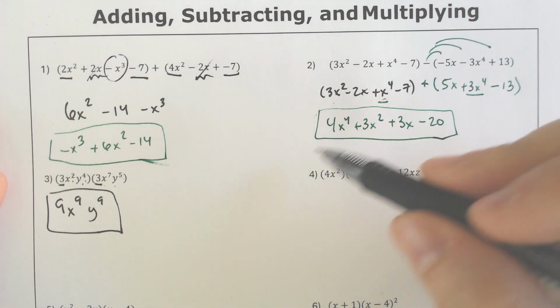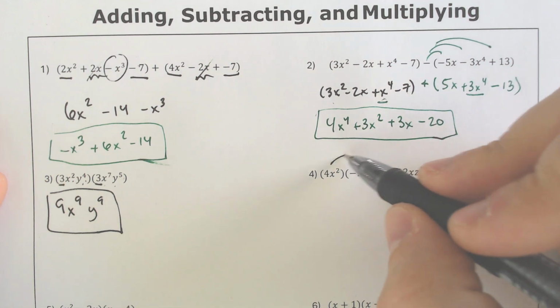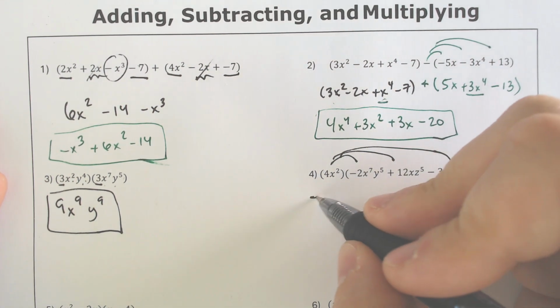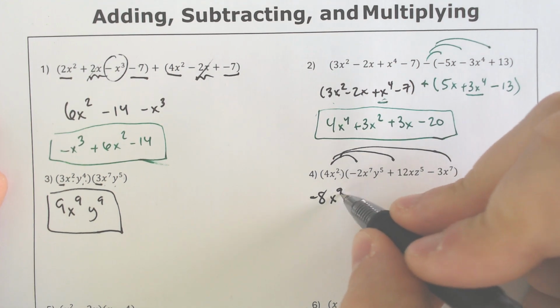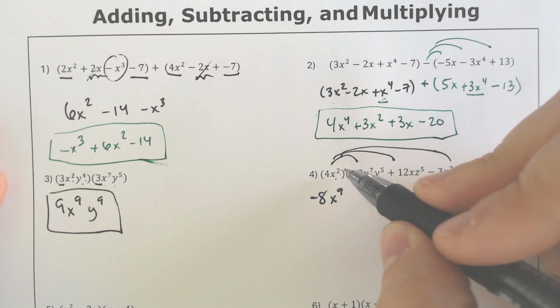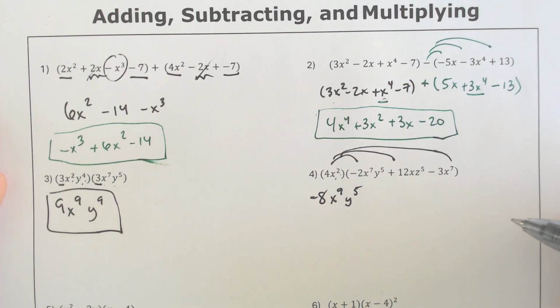Number 4, this one is similar. We're going to still multiply our numbers and add the exponents, but we do have to distribute. So 4 times 2 makes negative 8. X squared and x to the 7th, add the exponents, x to the 9th. Y to the 5th, there's no other y's on here, but that doesn't mean they cancel. They just kind of hang out.